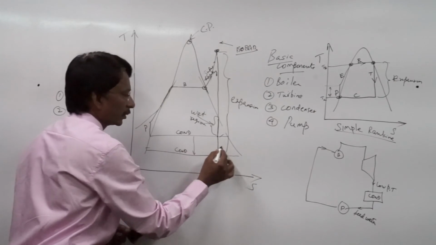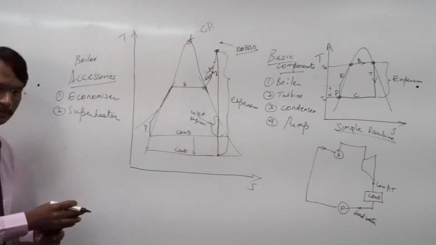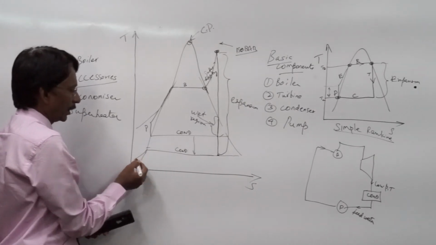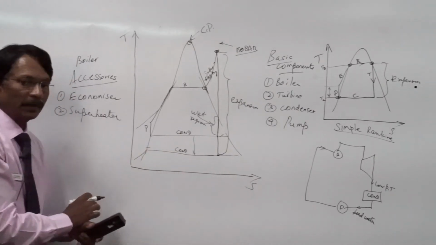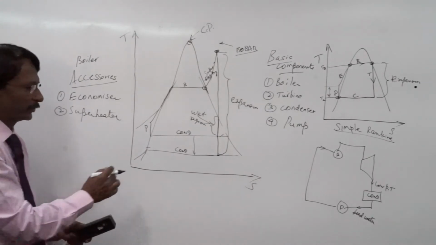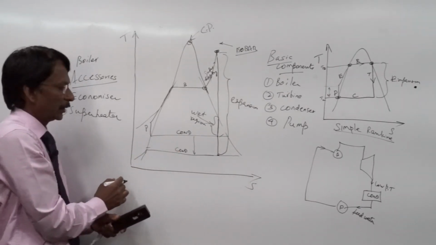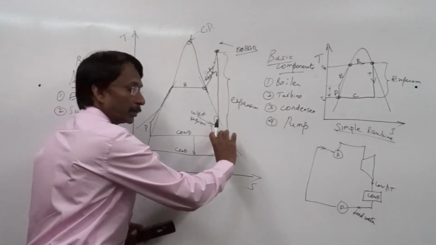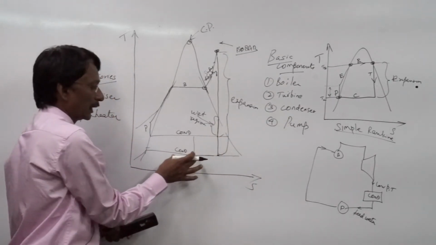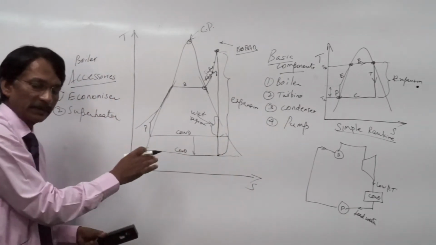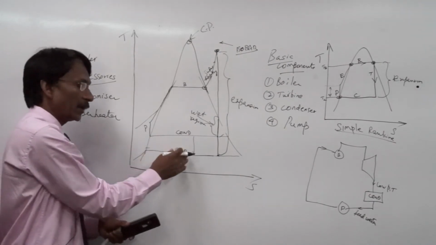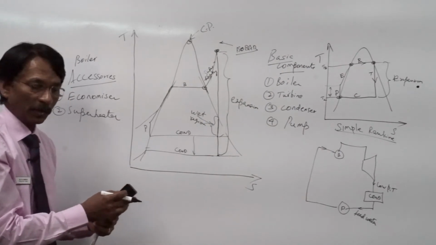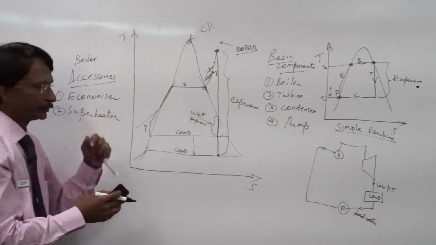This much of greater expansion is possible when I am reducing the condenser pressure. Expansion is greater, work output is greater when the condenser pressure is further decreased. So, this is the second method of improving or modifying the efficiency of the Rankine cycle.